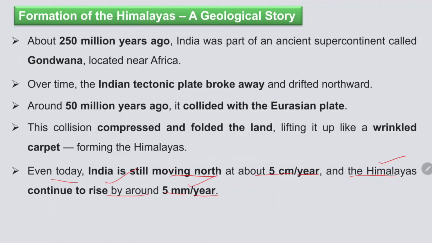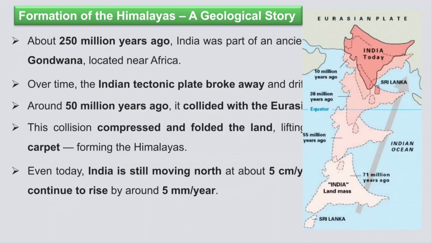This is very small, but after so many million years the heights will be different and the landscape will be a little different. Here is the image. Say this is the equator, and India was here before. You can see the shape of India, because there was no Himalaya, it was something like this. This is around 71 million years ago.